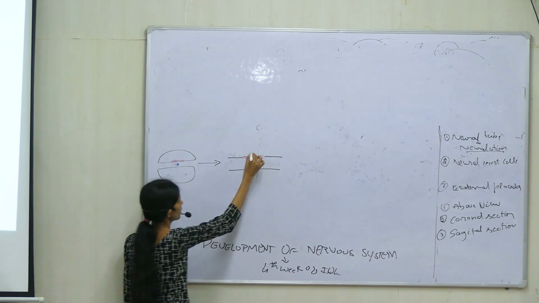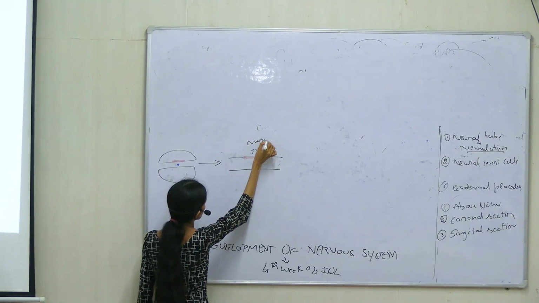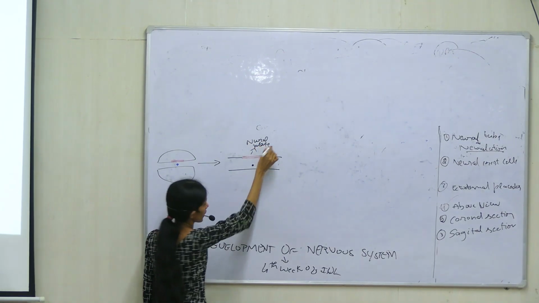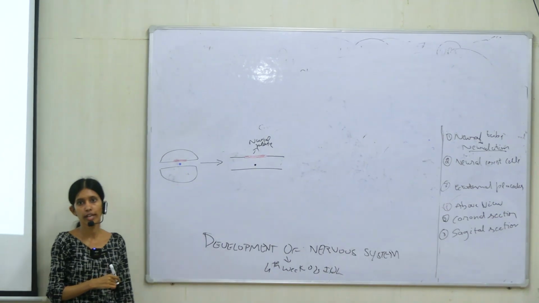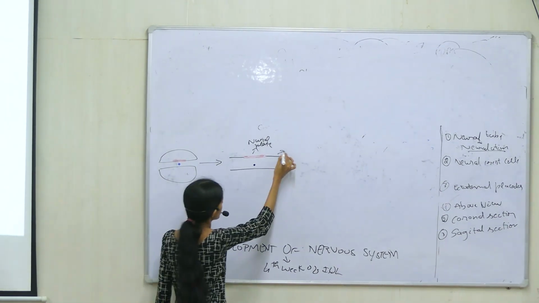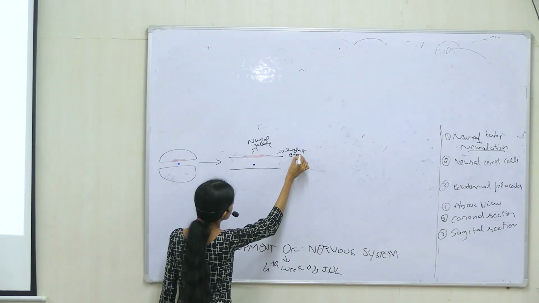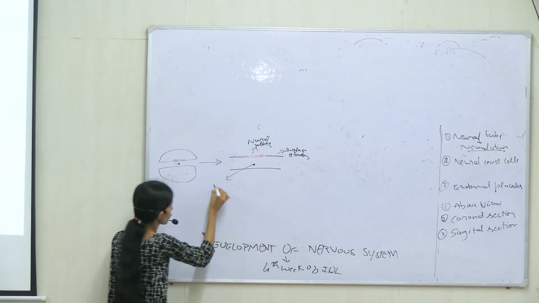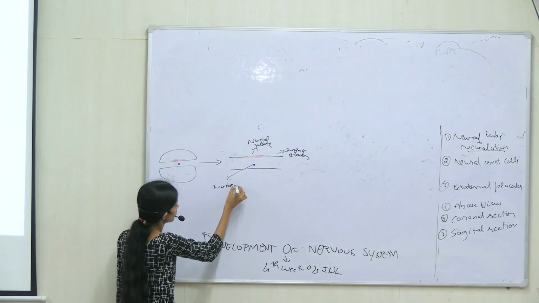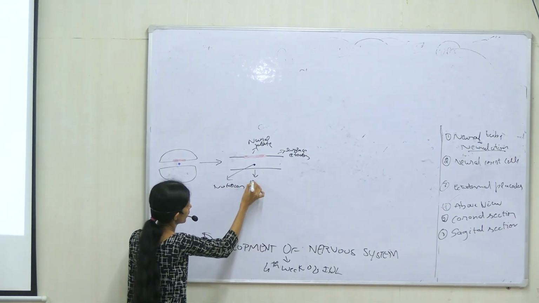So this is the neural plate, or I can say it is the neural ectoderm. The remaining part is the surface ectoderm. We have the notochord followed by the endoderm.